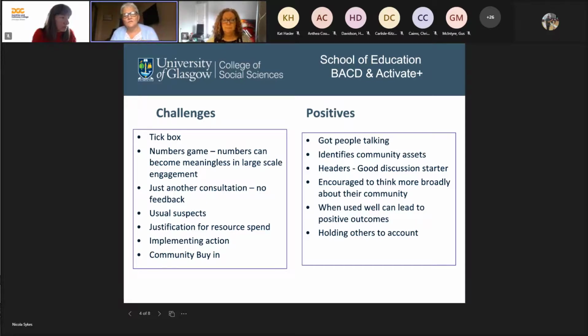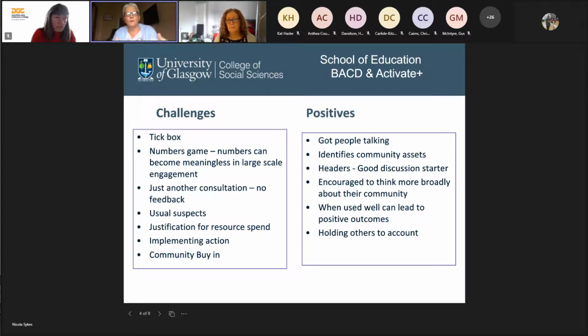Some of the other things that graduates were saying was that it could be justification for resource spend. So it justifies why we're doing that and not that, and there needs to be careful thinking around that. I suppose with the implementation of the action plan, it's about being clear about your intention when you're using the PST. What is the purpose of the PST?